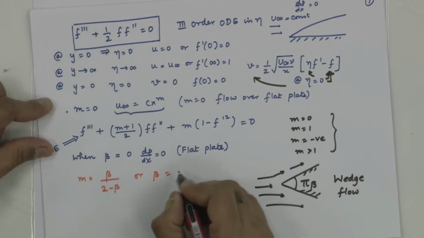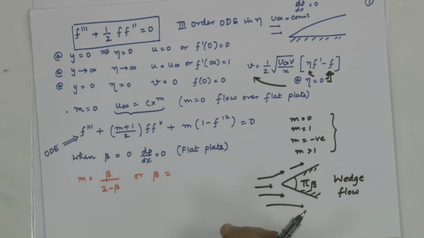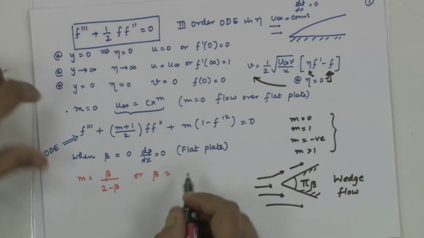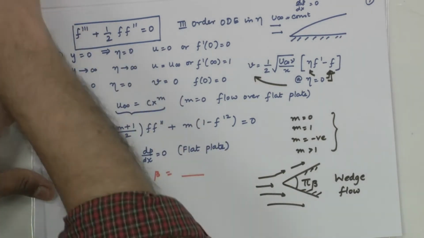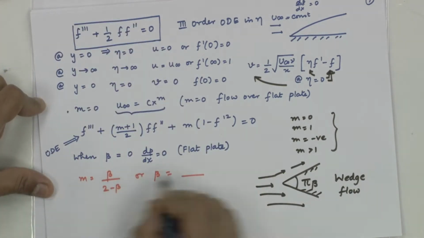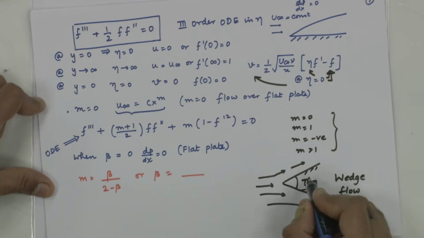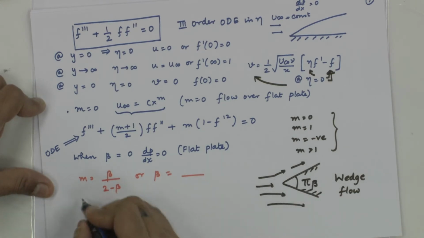You got an expression for beta in terms of m. So, whatever way you use, you can write an expression for beta or m. When m equal to 0 or beta equal to 0, it represents flow over a flat plate.